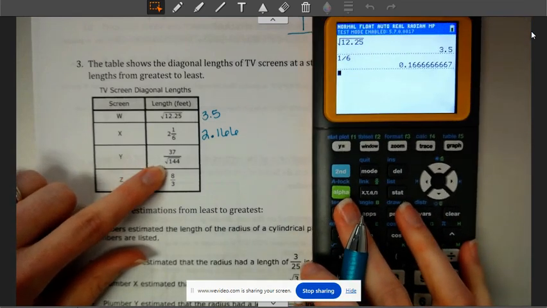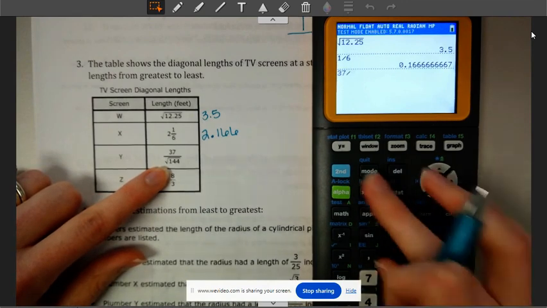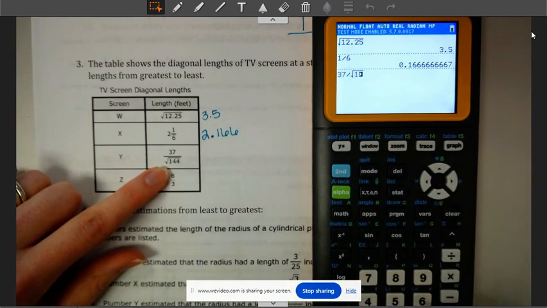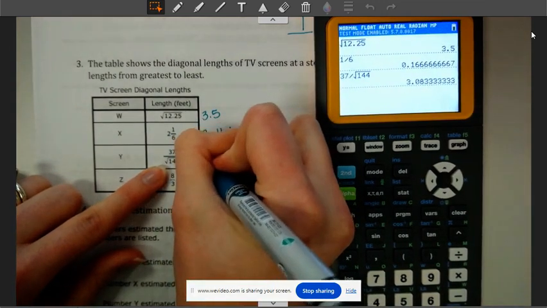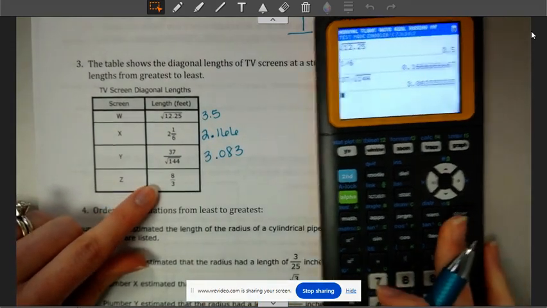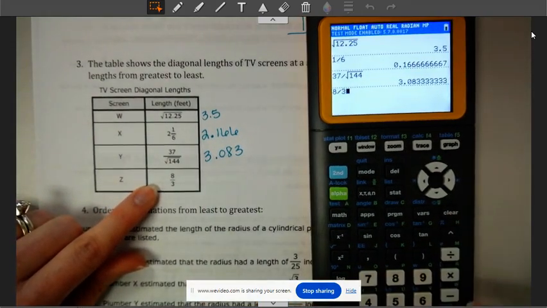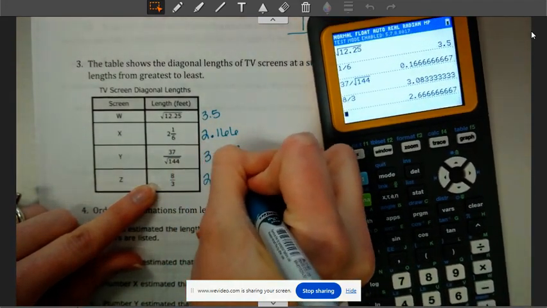Here I have 37 divided by the square root of 144, so we have 37 divided by second x squared, 144. And on the calculator, go ahead and type that in. We have 3.083. And finally, we're going to just divide 8 divided by 3, which is 2.6 repeating.